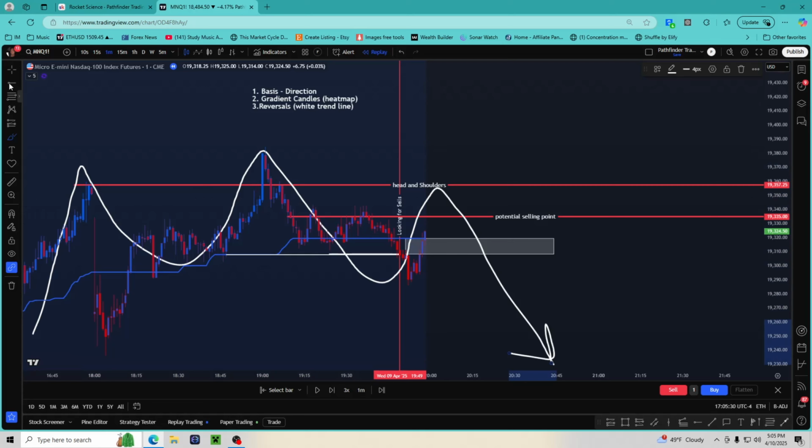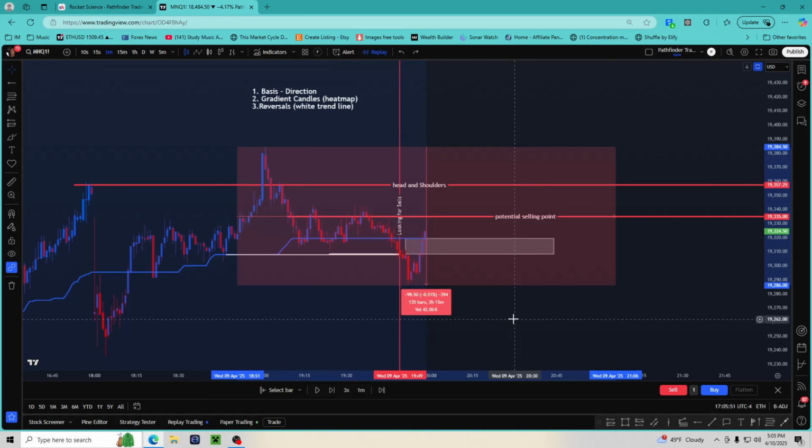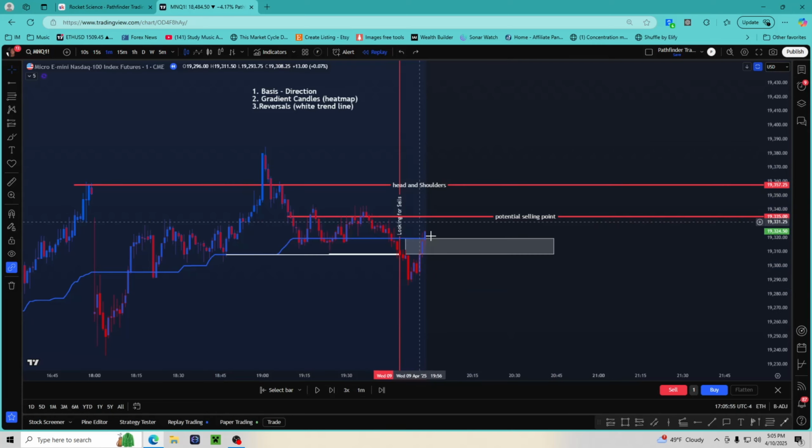Sometimes the market does it from this level right here, which is the basis. And sometimes, if not most of the time, it actually does it from the potential selling point right here, which is 50% of the way from here to here. Now, sometimes the market even comes up and makes a double top before continuing, but typically that will happen before you have crossed over your trend line.